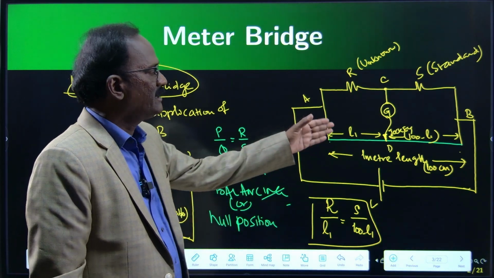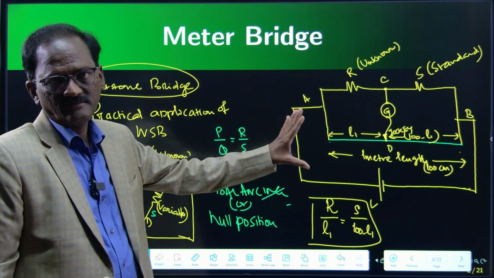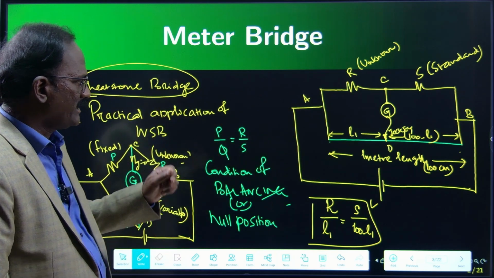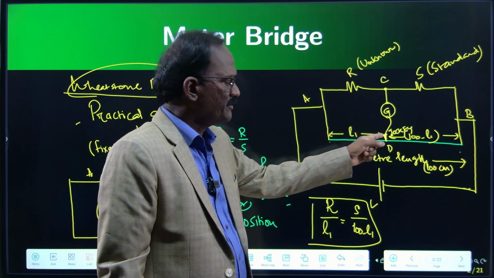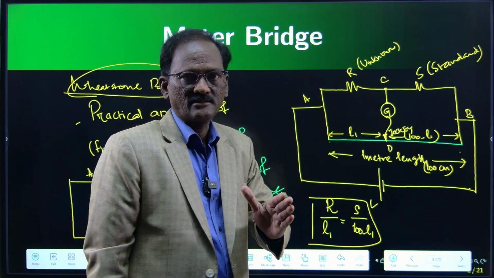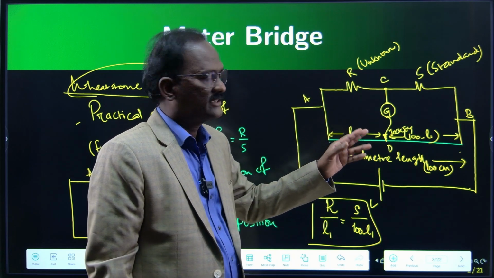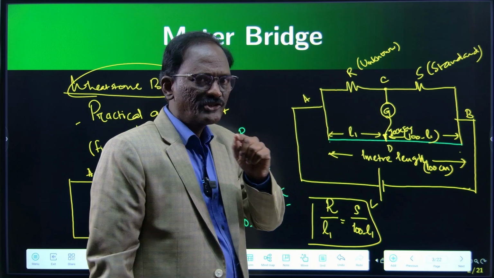This is how the meter bridge is constructed. It is just a modification of the Wheatstone Bridge, right? The advantage of having a meter bridge is this jockey point. The jockey point is a knife-edged contact, a sharp contact. To improve the accuracy of the meter bridge, the contact must be a sharp one.